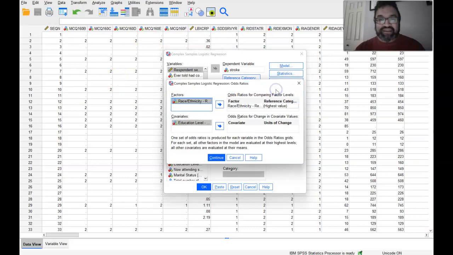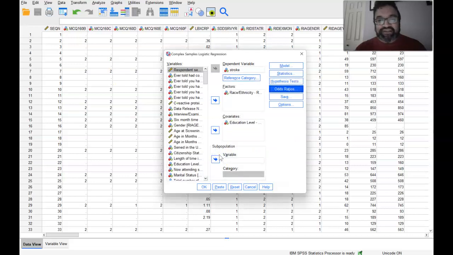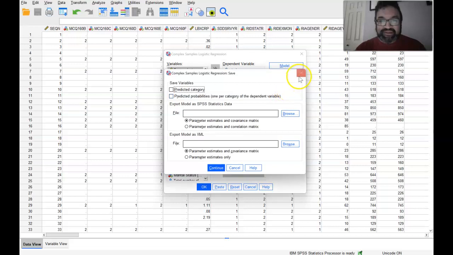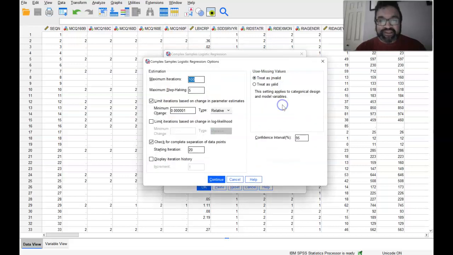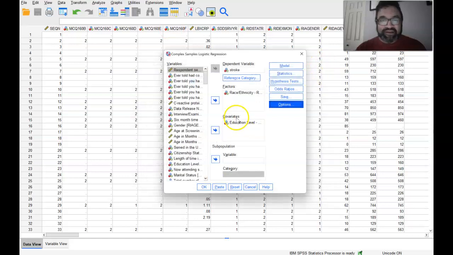Then you can take a look at some of the odds ratios that are assigned, and also units of change that you could be looking for. Then look for the save, and then options. You can change anything you want here, but these can remain the same. And then you can hit OK.